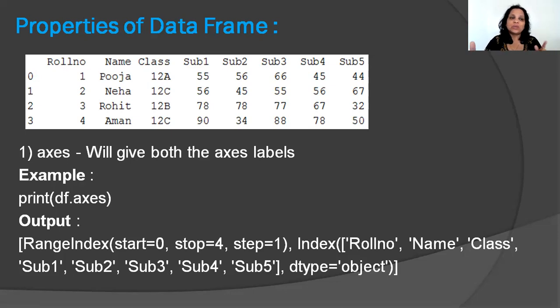Suppose you had assigned an index label. We have seen, can we assign roll number instead of a column as the index label? Yes, you remember a parameter called index col in the creation of a data frame. So let us assume that roll number was your index label and you did not have the default index label. Then in that scenario, it wouldn't show range index, it would say index and a list showing you all the roll numbers that you have specified.